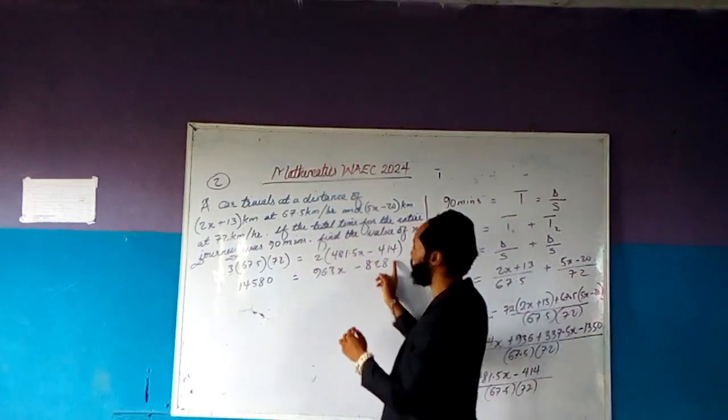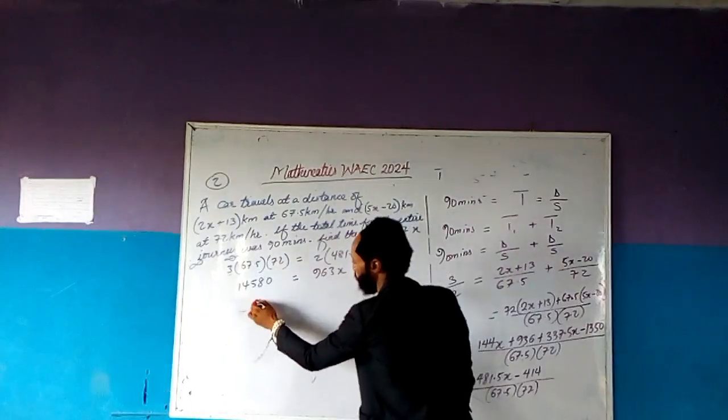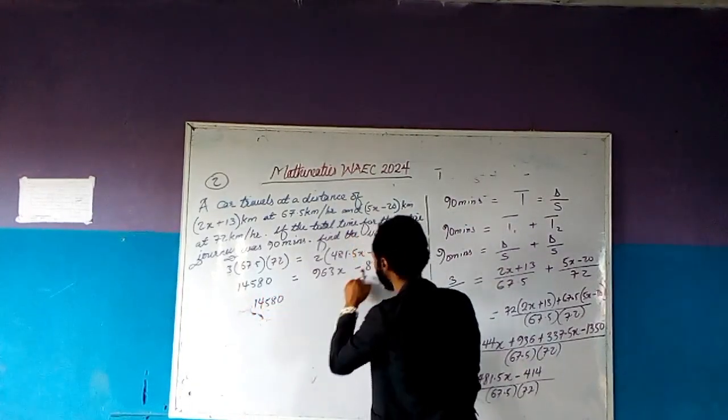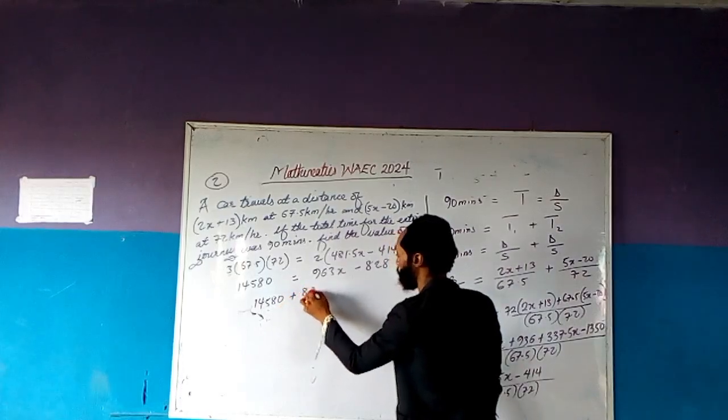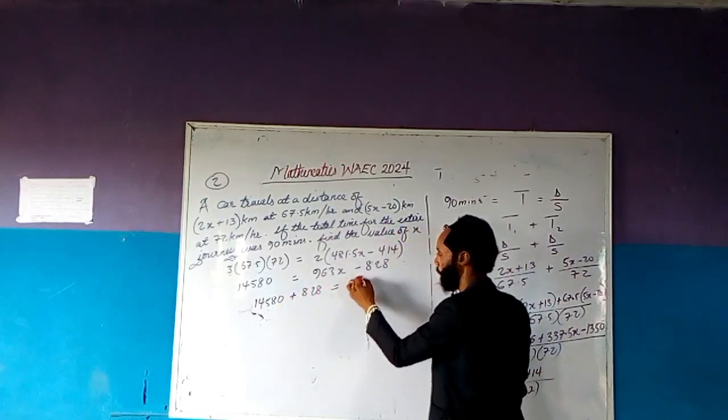So we're taking this number over this way: 14,580 plus 828 equals 963x.